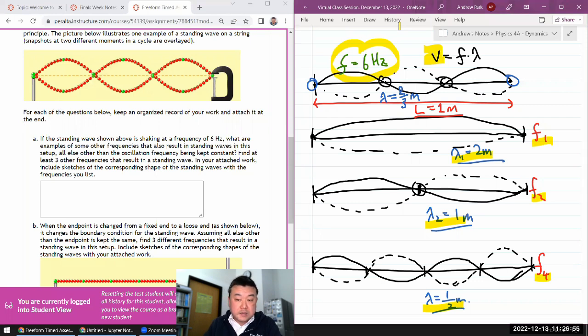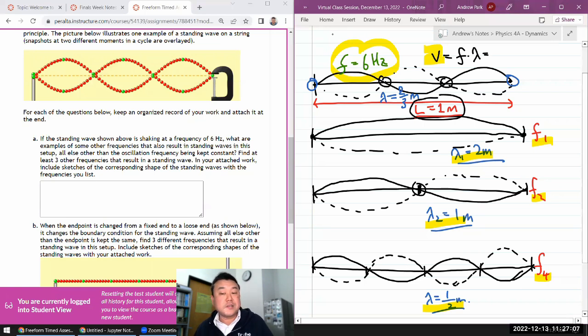In this setup you know the frequency and the wavelength, so you can figure out what your wave speed is, again assuming that your length is 1 meter. If your length is some other distance, your actual value of speed will be different. So let me do 6 hertz times 2/3 meter. So 3 divided into 6, 2 times 2. So it should be 4 meters per second.